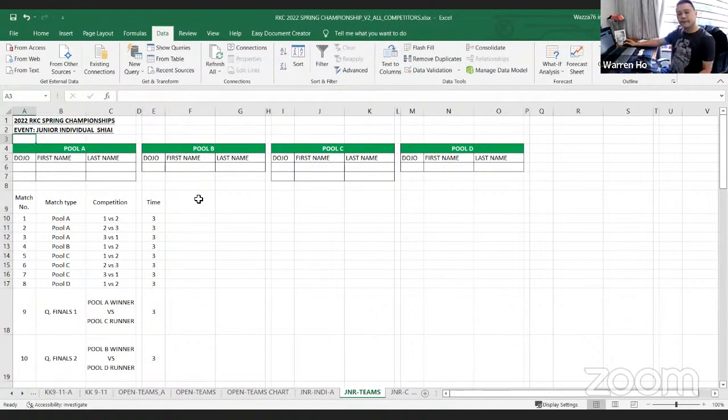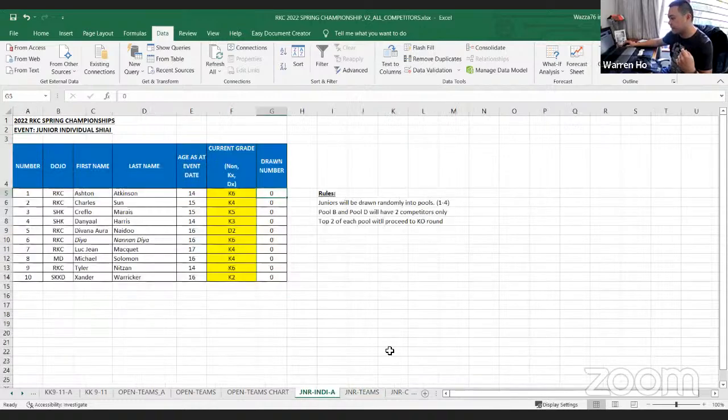Now, because it's 10, I had to make 4 pools, 2 of 3 people and 2 pools of 2 people. And the pools with 2 people obviously have only 1 fight, whereas the pool with 3 people will have 2 fights each. So that will be done separately. So the first thing to do is to take all 10 of these tiles, and we're going to place them again into the bag and allow them to be randomly drawn for the people that are listed alphabetically, our juniors.